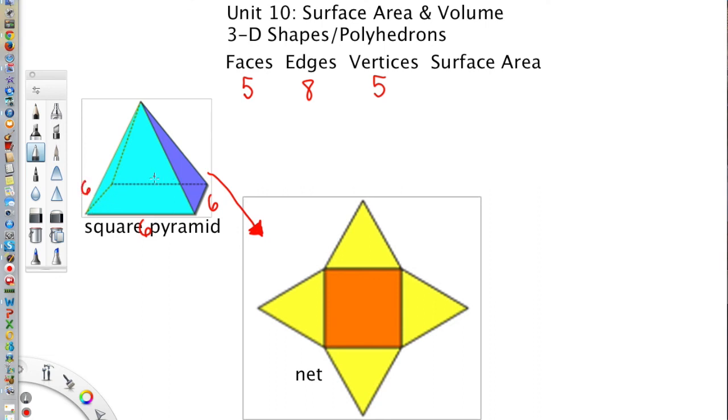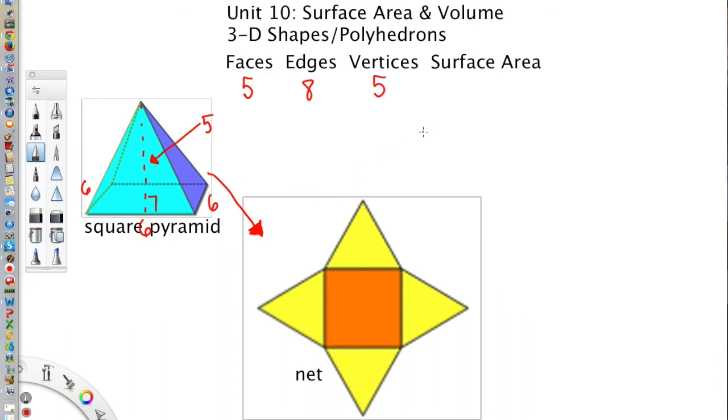It's a 6 by 6 square. And then the height of each triangle, and all of these triangular faces are going to be the same, have a height of 5.